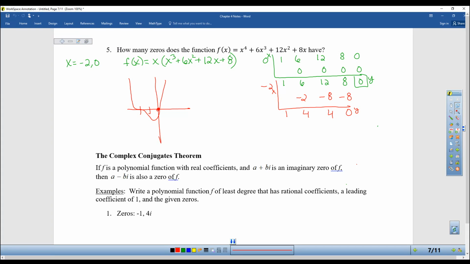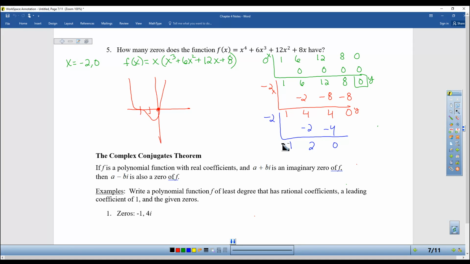That indicates a multiplicity, specifically an odd multiplicity. If it had been even, it would have bounced. So if it happened 2 times, it would have bounced, but it didn't. So I think that this is going to work again. Negative 2. Add, multiply, and sure enough, it did.